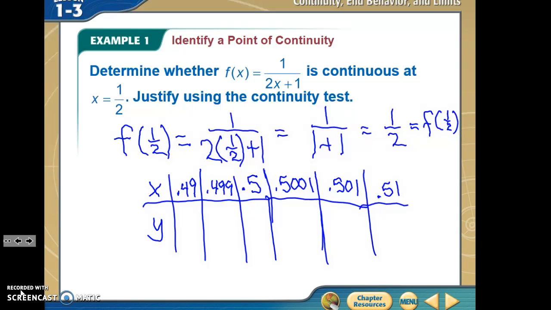Now we're going to plug these into our original function. This is where using a table on Desmos is going to help immensely because you enter the function once and then you can enter the values in.